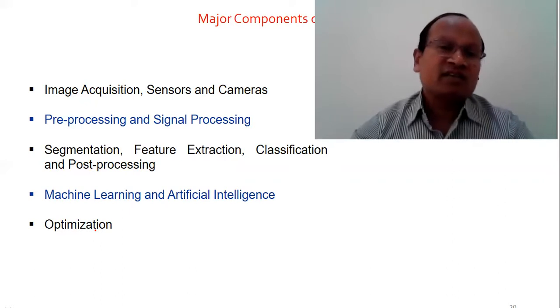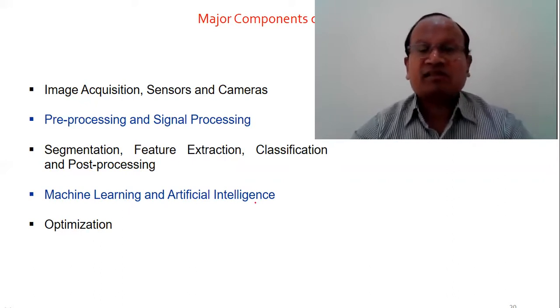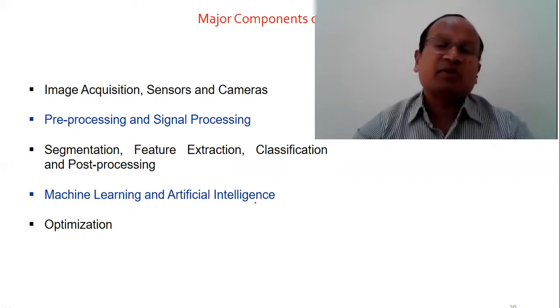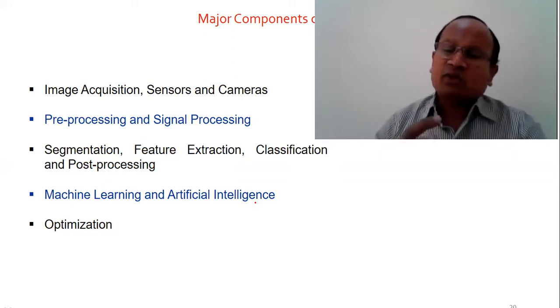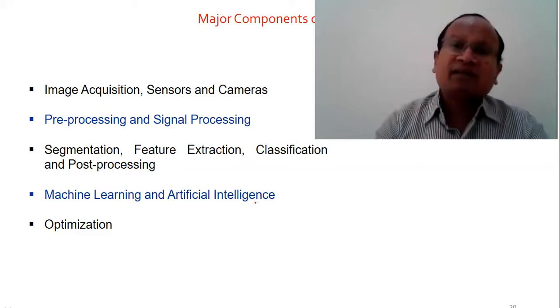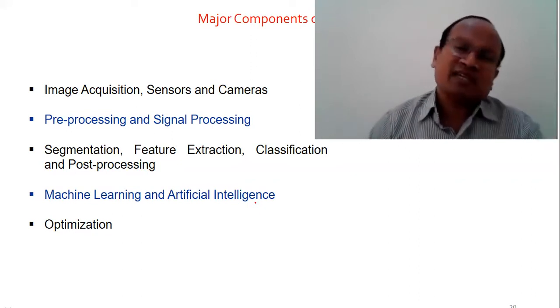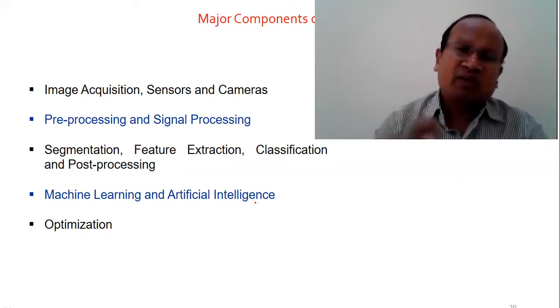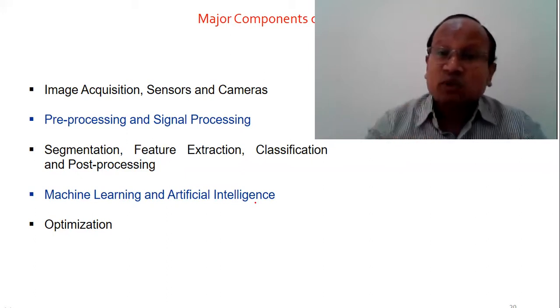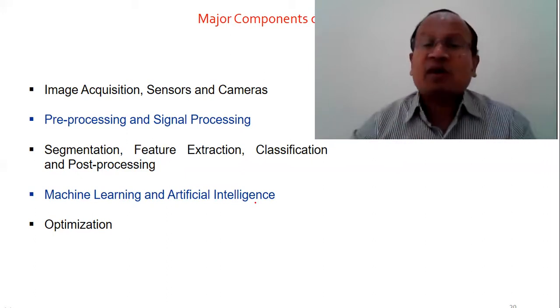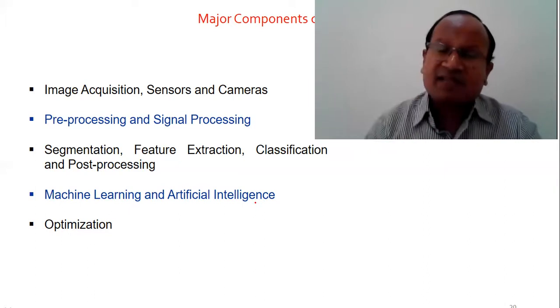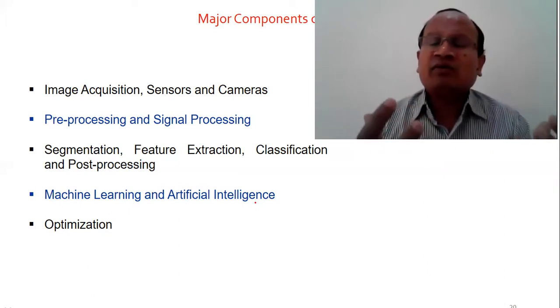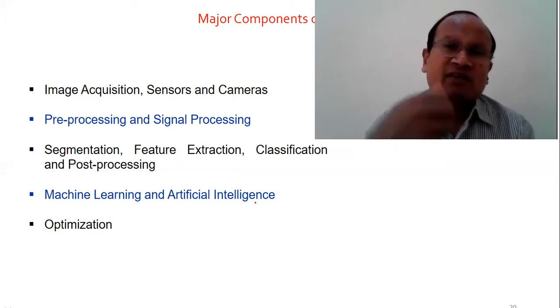This is why suitable optimization methods are essential components of computer vision. Optimization is not only required to improve a certain method, but suppose there are 100 features extracted in classifying a tumor. How many of those 100 features are most appropriate? That kind of optimization is also needed.